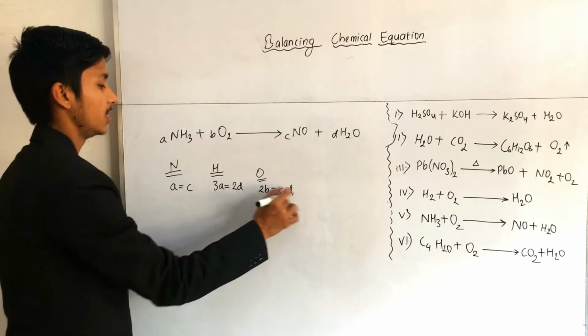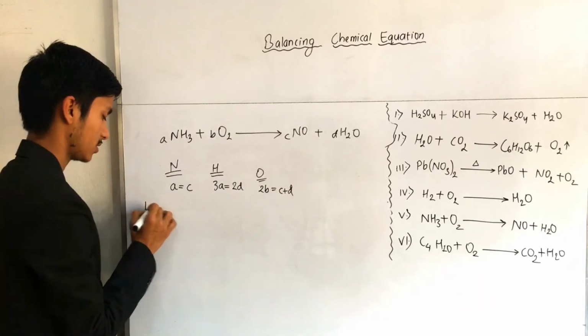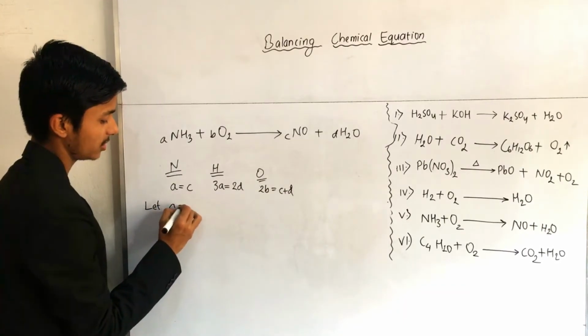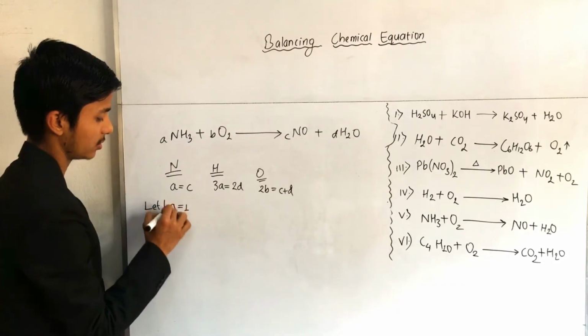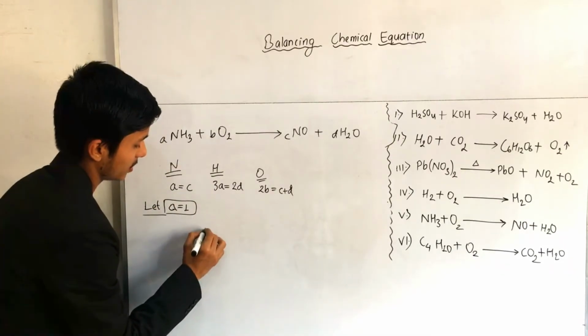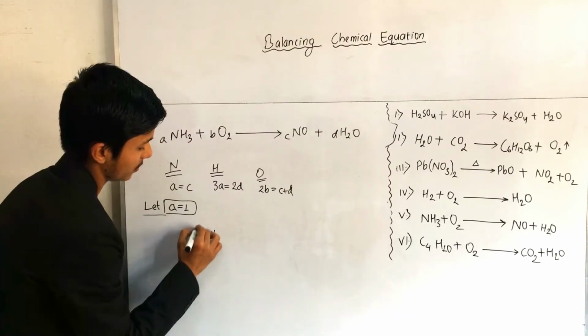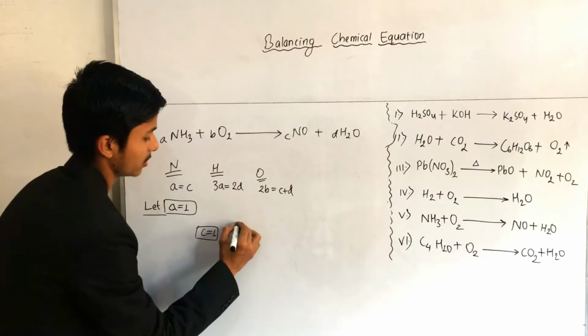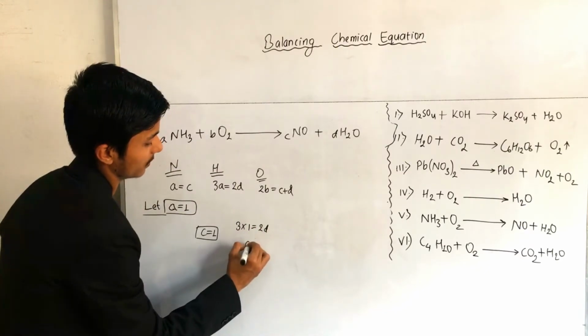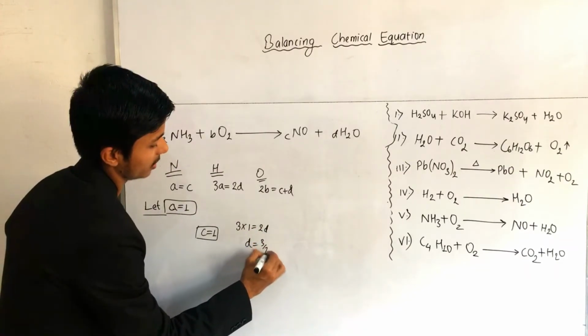We just let A is equal to 1. Then we have C is equal to 1. The value of C is equal to 1, and 3 into 1 is equal to 2D, so D is equal to 3 by 2.